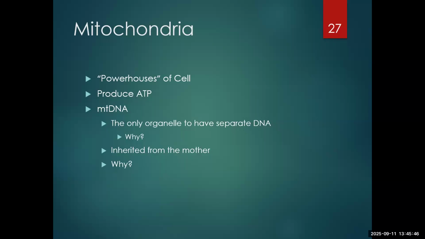And that's important because it gives us the ability to use oxygen to produce ATP in the process of aerobic respiration. So aerobic respiration is the process of using oxygen to produce ATP.